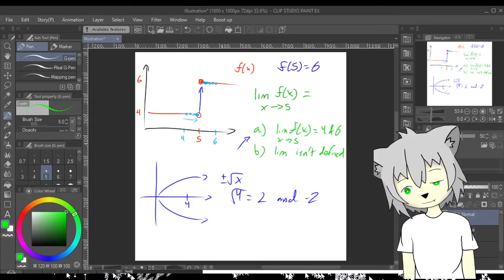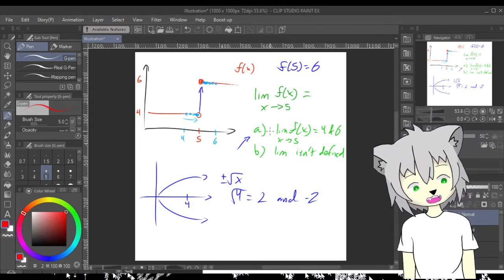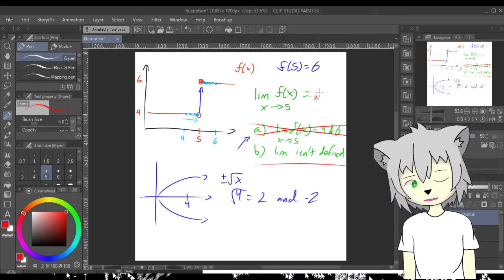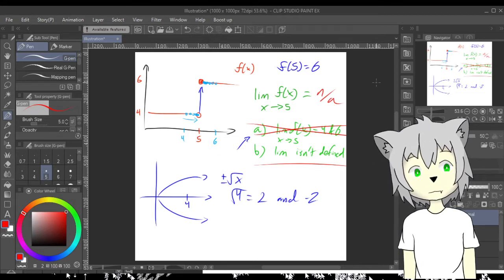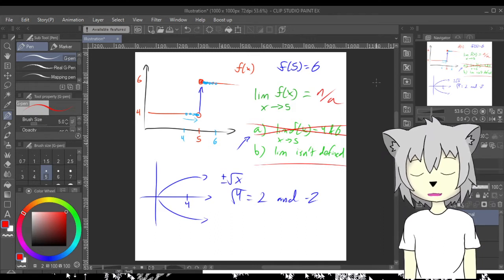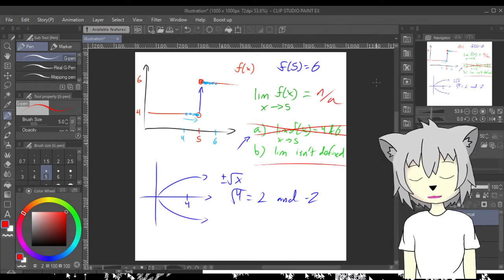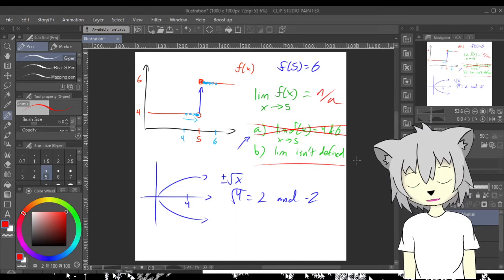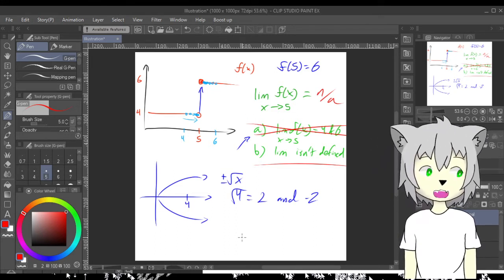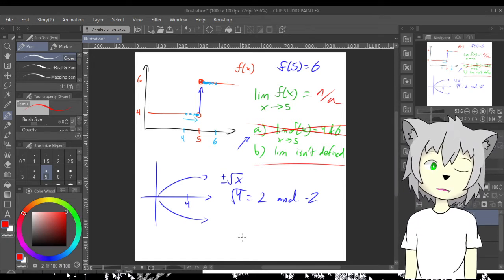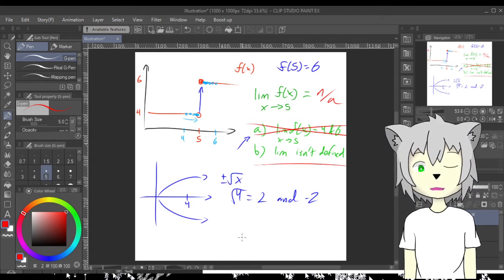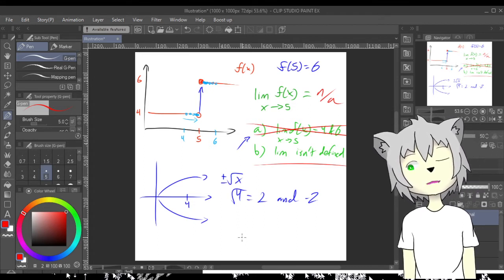But the right answer is that's actually false. The limit isn't defined at this point. It's just not applicable. Basically, at that jump, the limit doesn't exist because it doesn't approach a specific value.